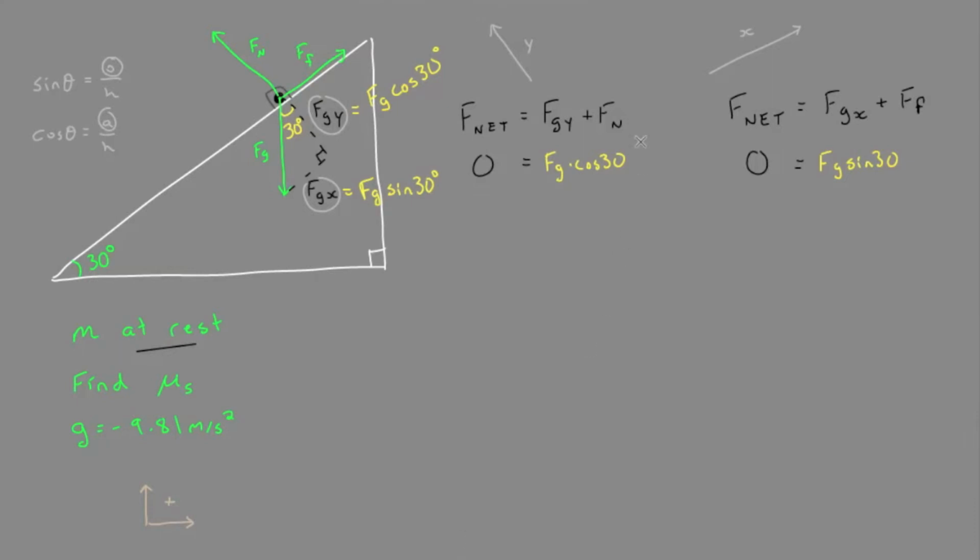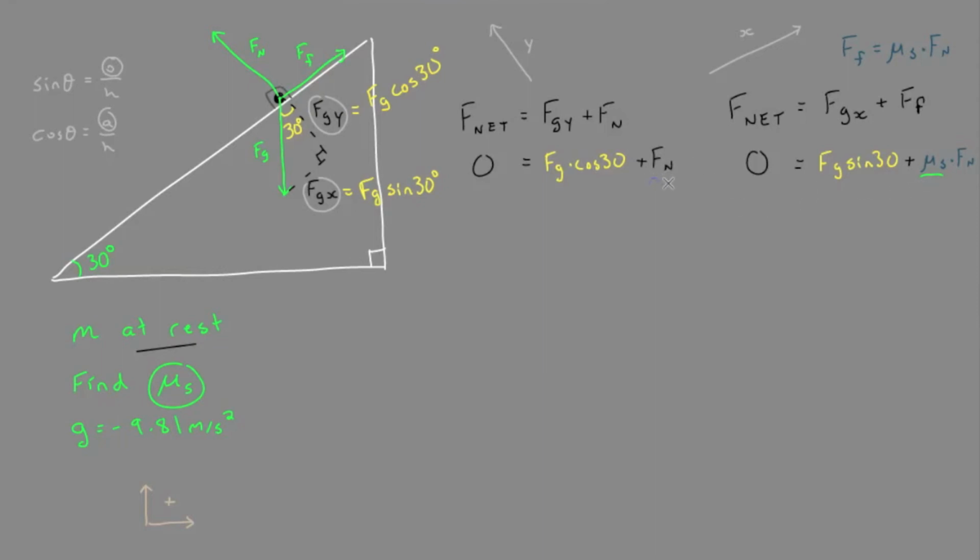Next, we can write everything else. We have the normal force, Fn, and we have the force of friction. We have an equation for that. We have the force of friction equals, for static friction, mu s times the normal force. So we'll write that in there, just barely fitting. So to solve for mu s, which is the whole point of this, we can see that we have two equations and some unknowns.